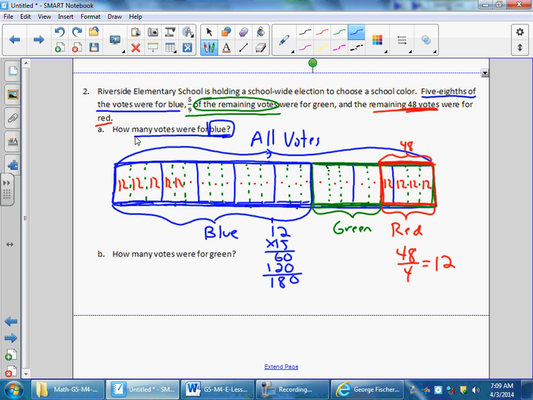How many votes for blue? 180 votes for blue. Final answer.